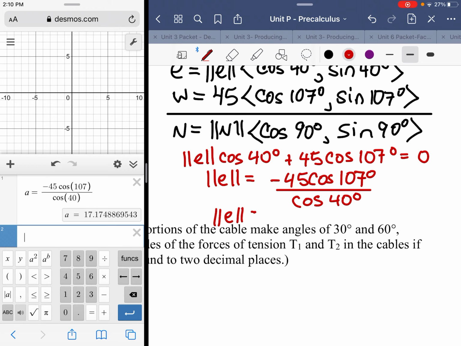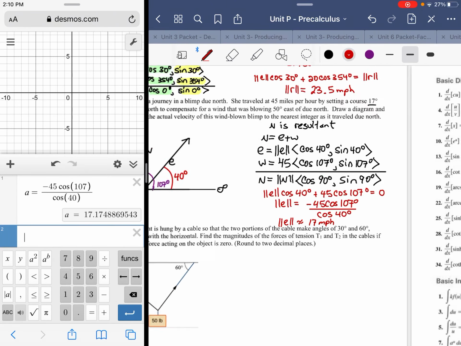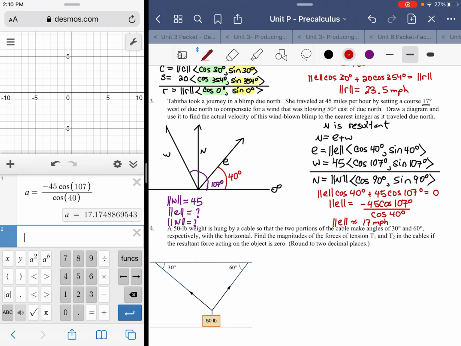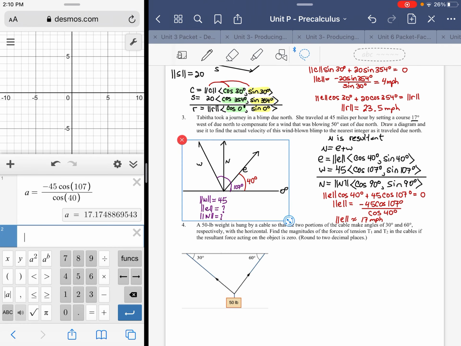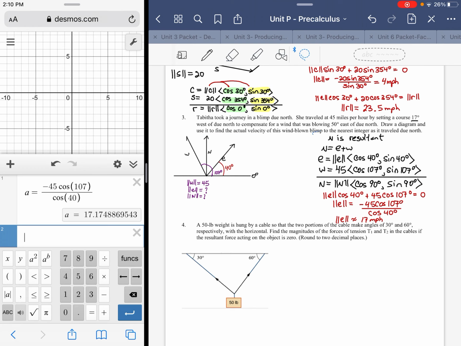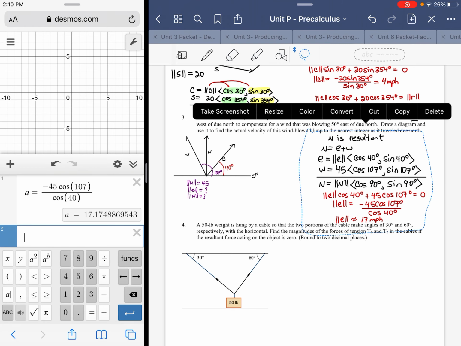So we're looking at about 17 and change. Let's see, nearest integer. We'll use an approximate symbol. So that would be the wind, 17 miles an hour. Now we just got to figure out N.